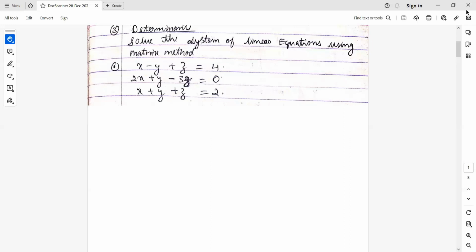Okay. Yes, okay. So we will discuss one question and then stop. Hmm. So see, pay attention. So one question on a matrix method we will be discussing and then stop it.